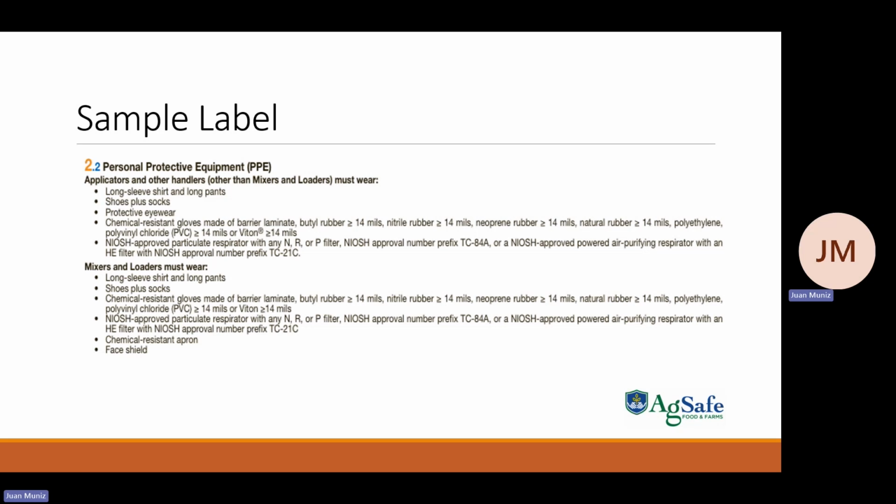So it tells you that you could use either one of these, either TC84A or TC21C. One of them is a filtering type respirator, and the other one is a powered air purifying respirator.